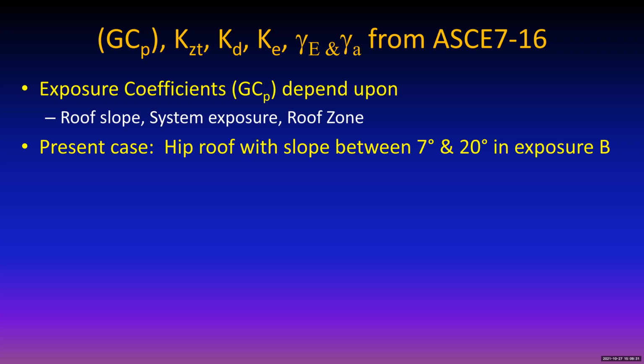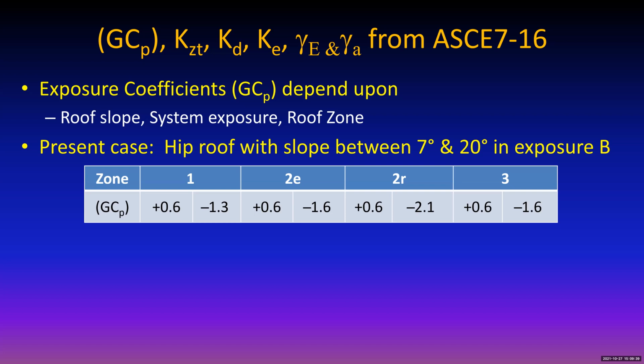The whole idea here is this is a process you go through after you identify these various things. And this is interesting because you've got your downward and your upward forces. The uplift forces have minus signs and the downward forces have plus signs.